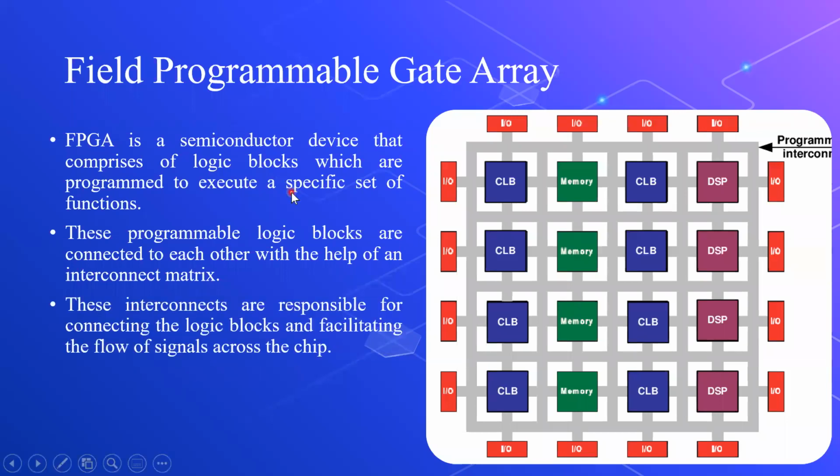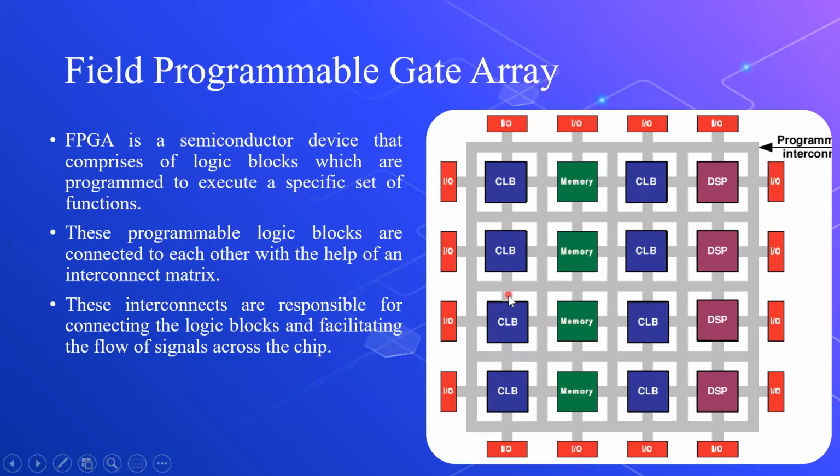Next, these interconnects are responsible for connecting the logic blocks and facilitating the flow of signals across the chip. So whenever you want to implement a digital system, you require more logic blocks and more memory elements. These interconnections form a group, and they will connect all the logic blocks or memory blocks from one place to another place, and they will implement our required digital system functionality.